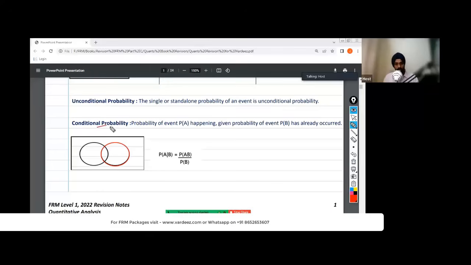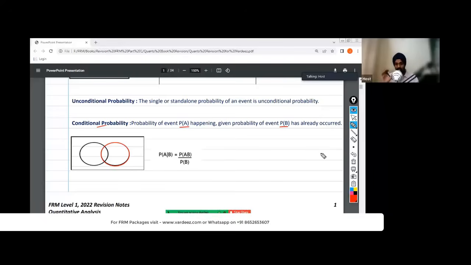So here we have the conditional probability, which is the probability of event A happening given that event B has already occurred. As an example, when we register for the FRM exam, there is a condition. You either need to have a passport or a driver's license, right? So given you have a passport, you can register for the exam.